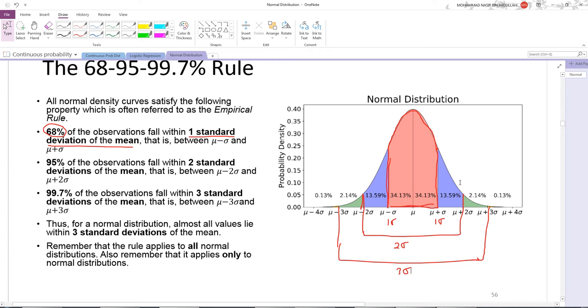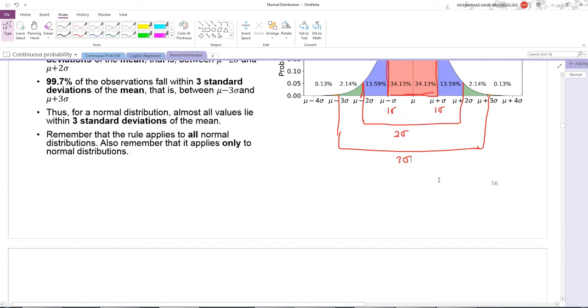So kadang-kadang mesin tu akan letak lebih sikit ataupun kurang sikit. So how many yang lebih atau berapa banyak yang kurang yang dia boleh terima untuk production for quality inspection. So normally they will be based on 3 standard deviation. Nanti kita akan tengok yang beyond nanti lah.